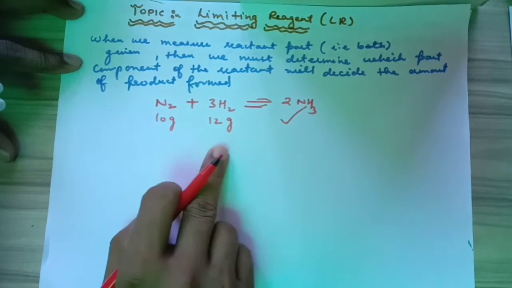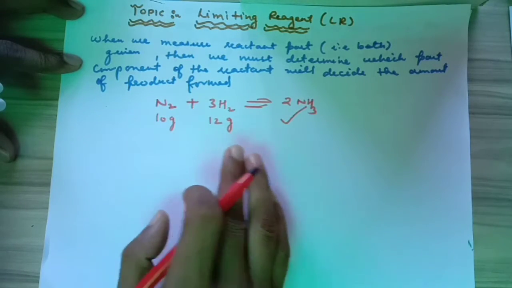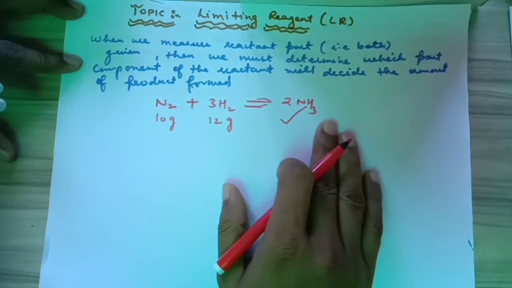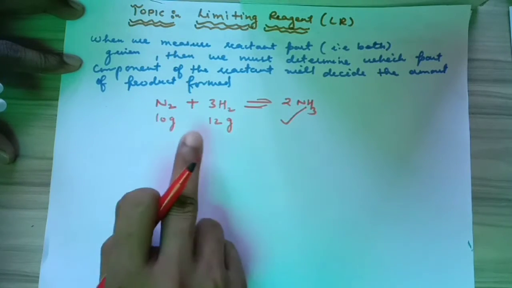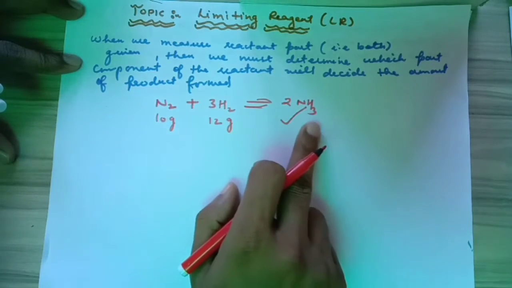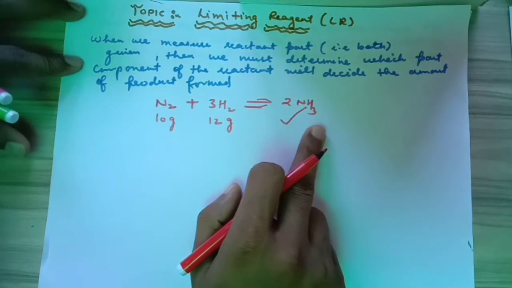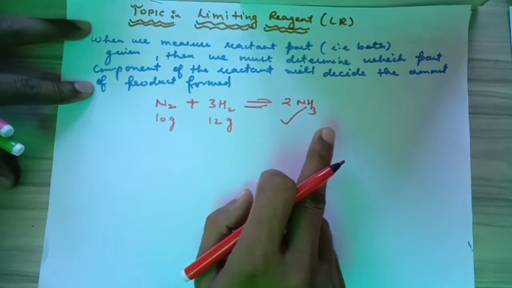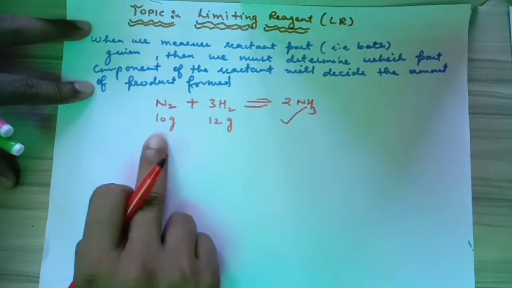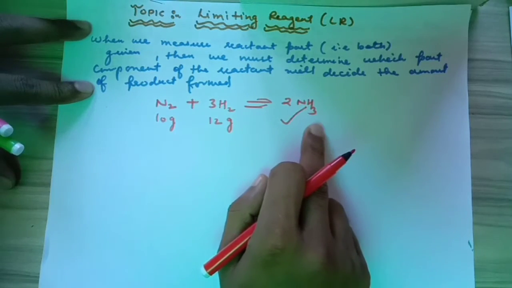Now, both the reactants are given, so it will not be easy to decide the amount of ammonia. So one will be the dependent factor which will decide the amount of NH3. So over here, out of these two, one will decide the formation of ammonia.